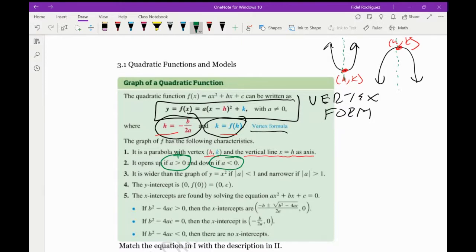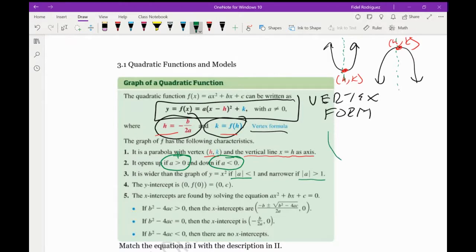And it says it is wider than the graph of y equals x squared if the absolute value of a is less than 1, and it's narrower if the absolute value of a is greater than 1. What this means is, if the absolute value of a is smaller than 1, a number like 1/2 or 1/3 or 0.2, the graph is going to be wide.